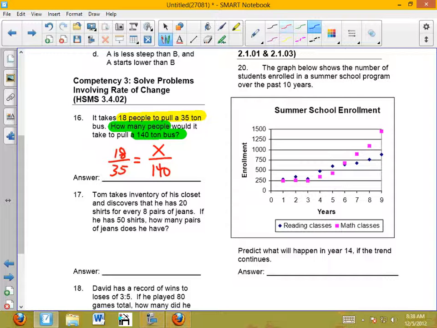And then you're going to solve. 35x equals 18 times 140, which is 2520. 2,520 divided by 35 equals x, x equals 72 people. You have to tell me people. If you just say 72, I'm going to mark it wrong.